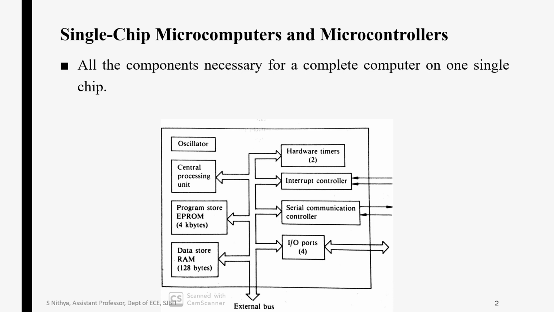In the ROM, the fast access programs are stored and the remaining things can be stored in the RAM. This memory can be extended by connecting external devices to the microcontroller and microcomputer.